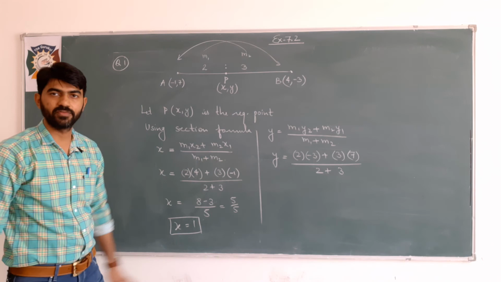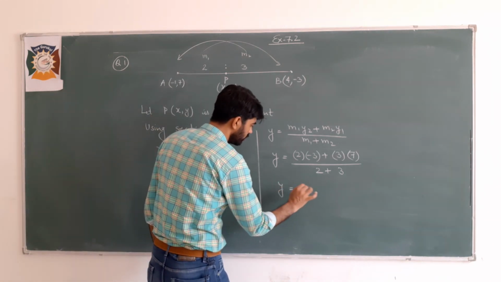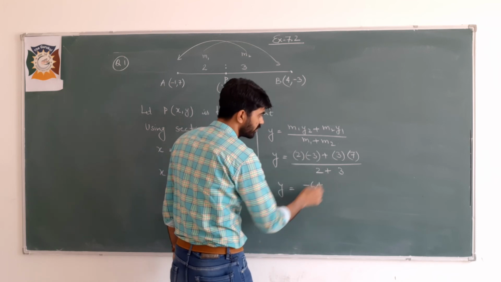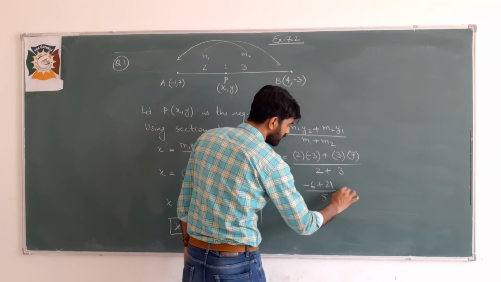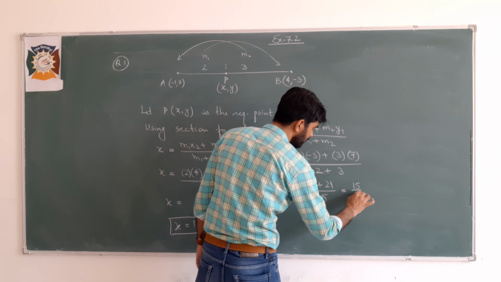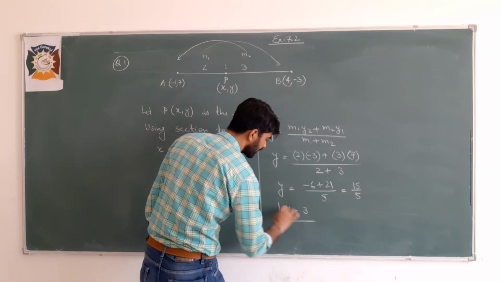Now we have kept all the values here. So y is equal to minus 6 plus 21 by 5. So it will be 15 divided by 5. So y is equal to 3.